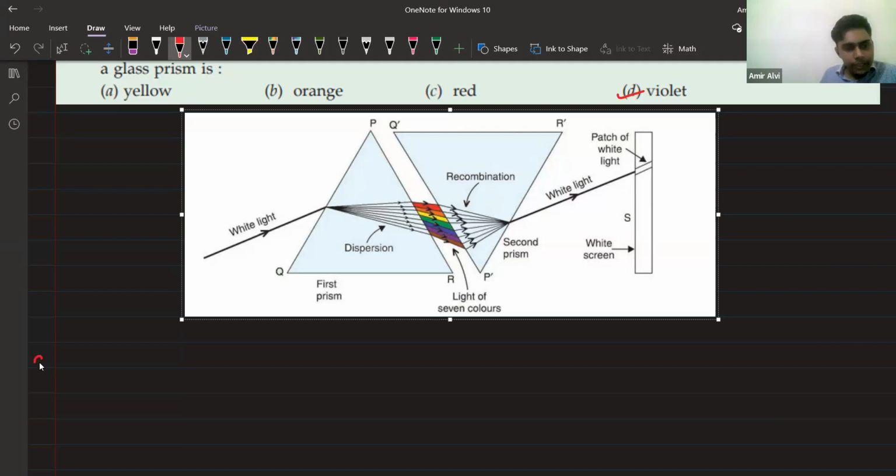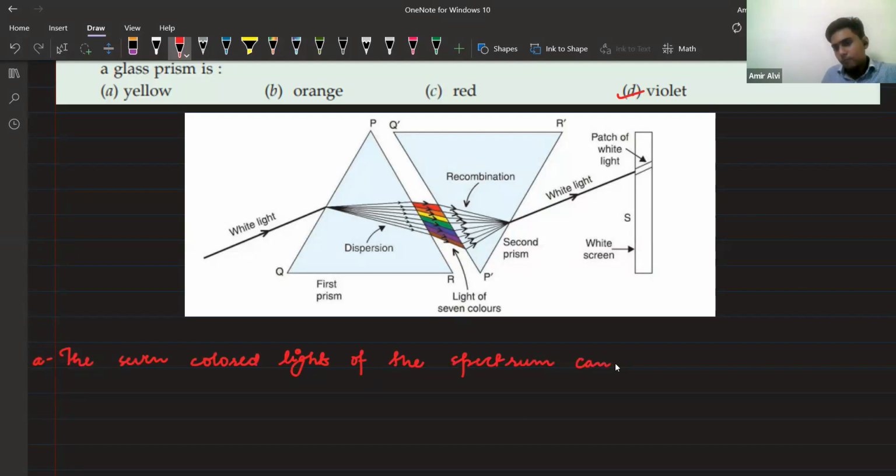Okay, so let me write down the process. The 7 colored lights of the spectrum can be recombined to form and give back white light.